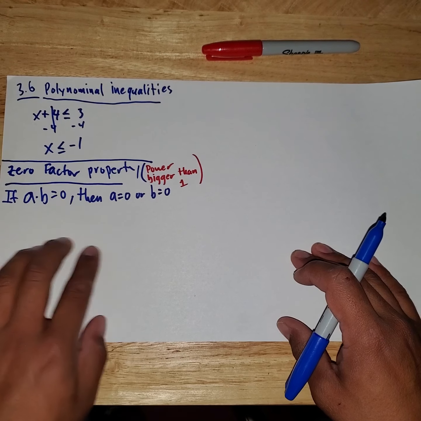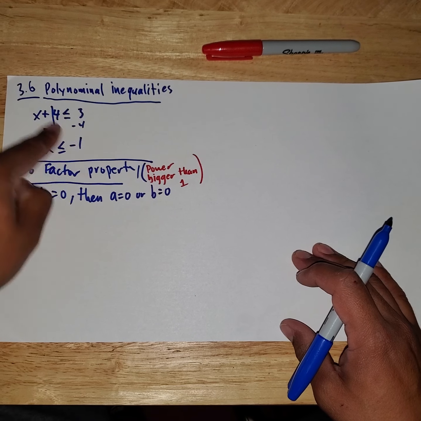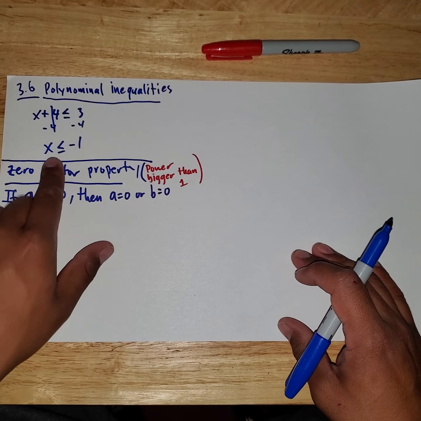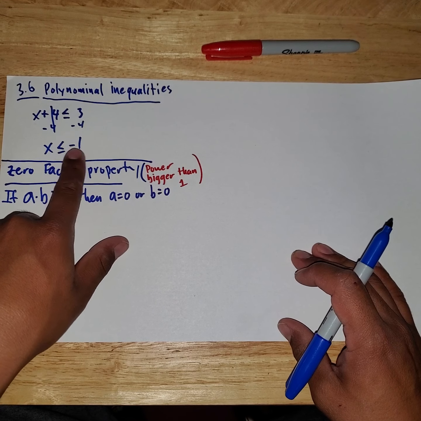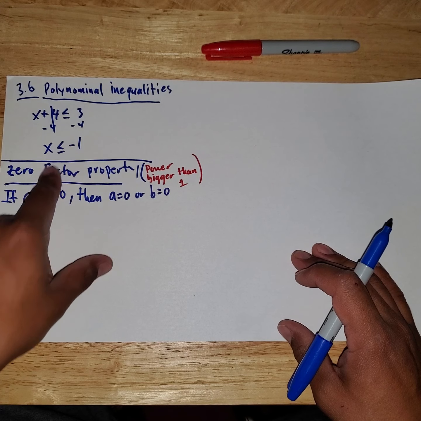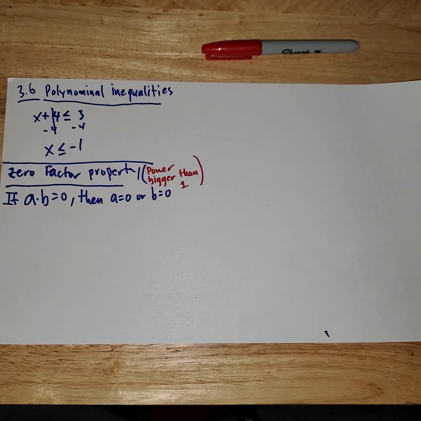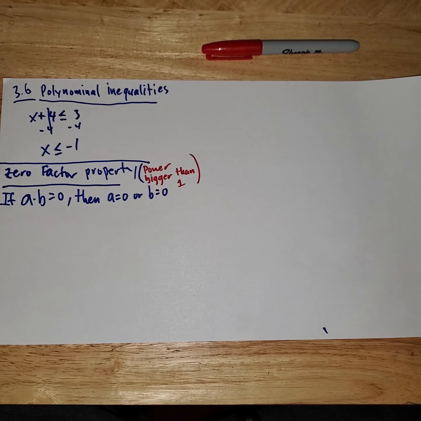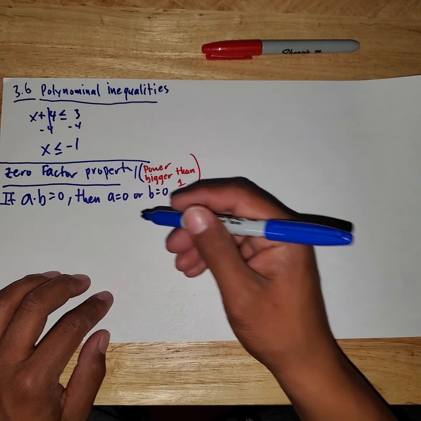The only thing that's going to change, well, you want to be careful if you're dividing or multiplying by a negative, but then the answer is going to change. It gets a little bit trickier to do this, but we still have to remember that there's different. We'll do an example and you'll see why.